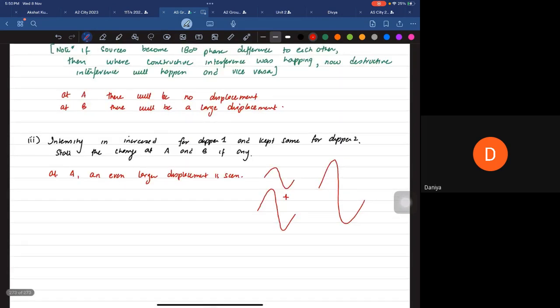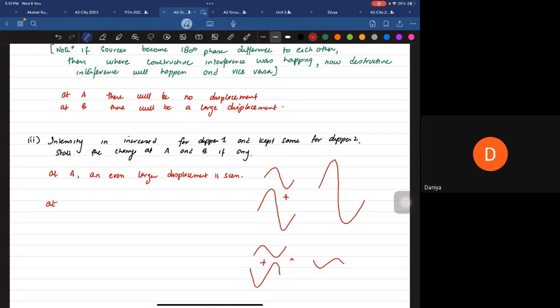But then, if one dipper had the same intensity, but the other had increased intensity, and they were in anti-phase to each other, when they meet, it's not going to cancel each other completely. So some wave will be left. Why are they anti-phase?